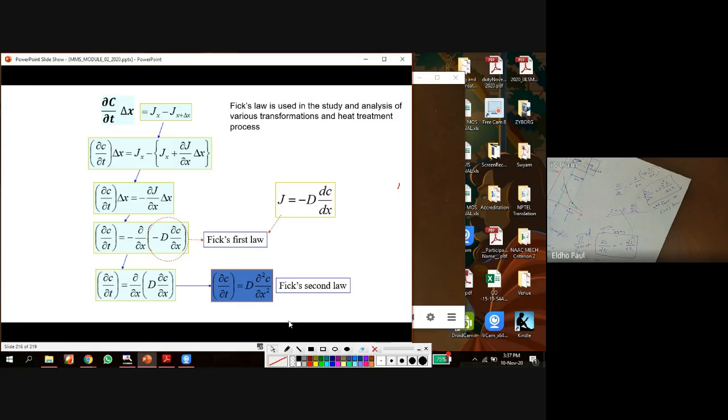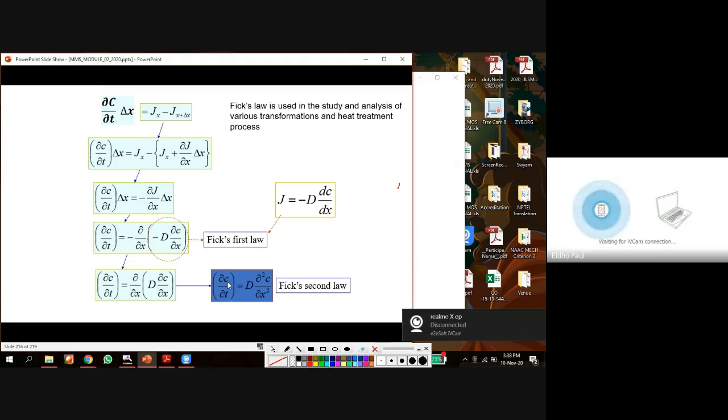Now what are the terms here? Dou C by dou T is the instantaneous change in concentration. Equal to D, the diffusivity, times dou square C by dou X square.